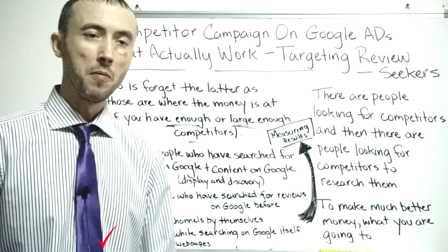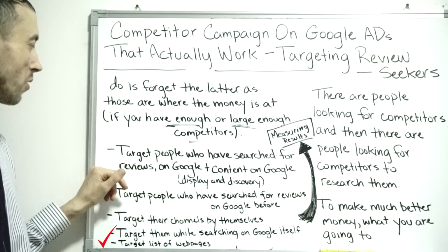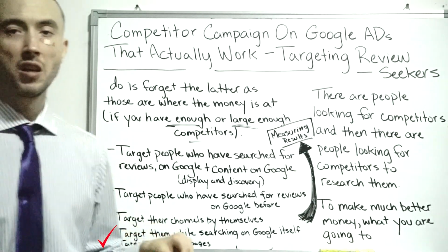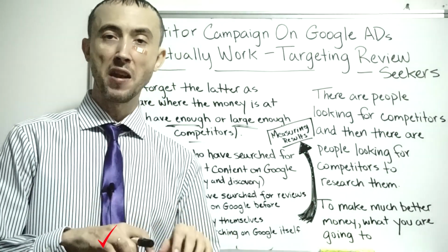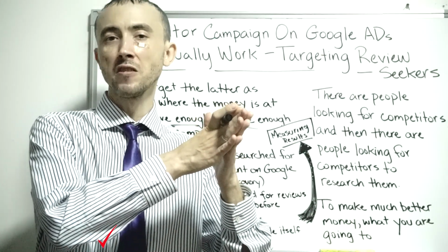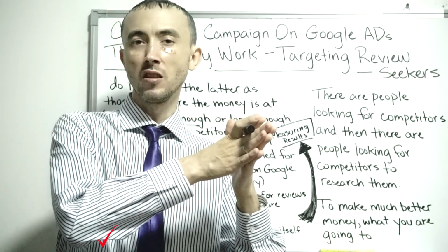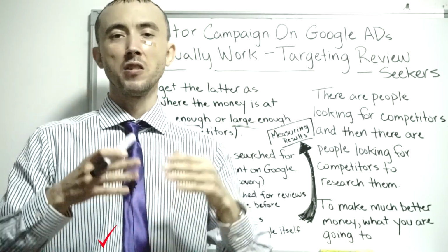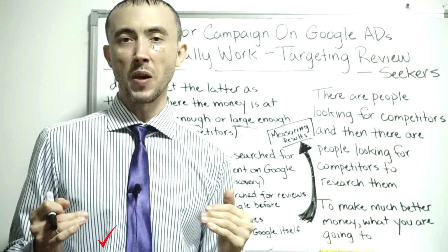And then finally, target a list of web pages. So if you find the first thing on the list I mentioned here not productive enough, what you can do is go out and type in competitor plus review. Like if the competitor's name is Johnson Toys, it's going to be Johnson Toy Reviews. Type that into Google. See the web pages that rank on the first page.